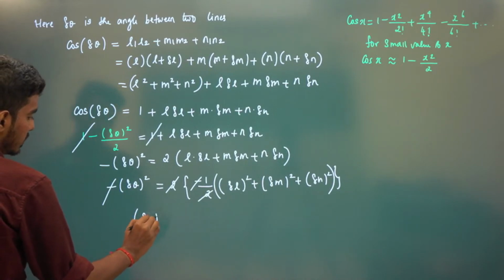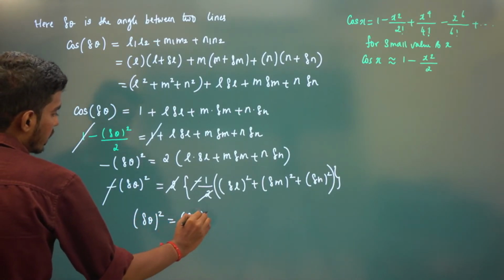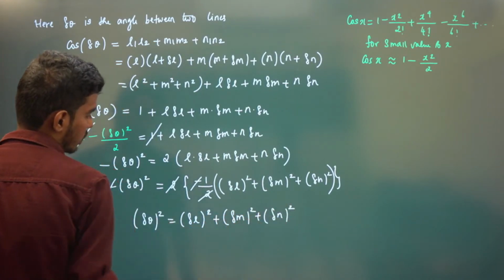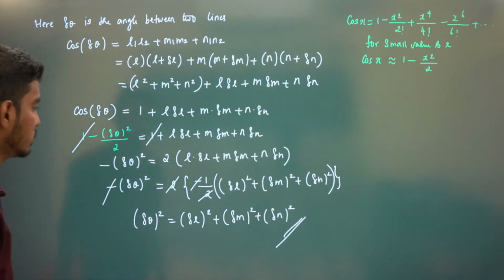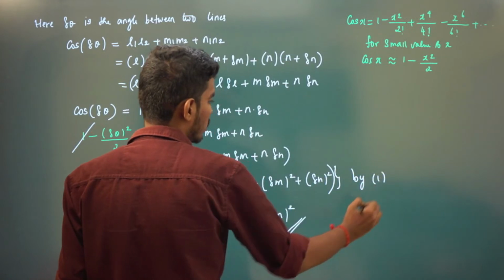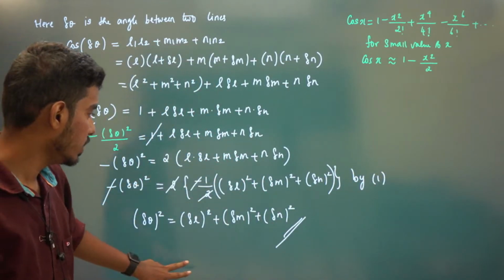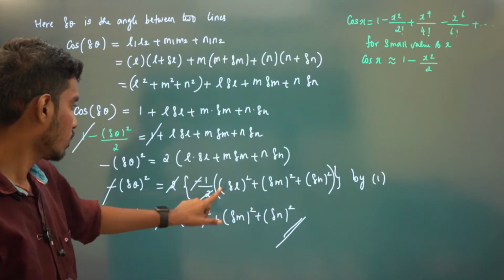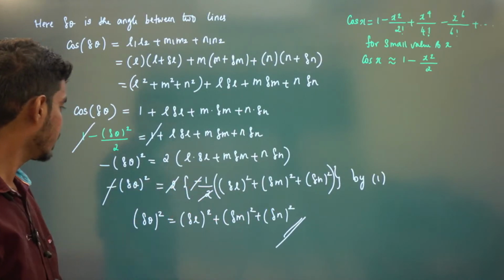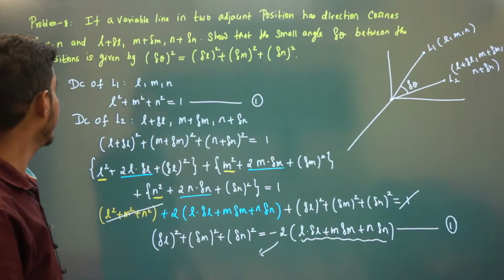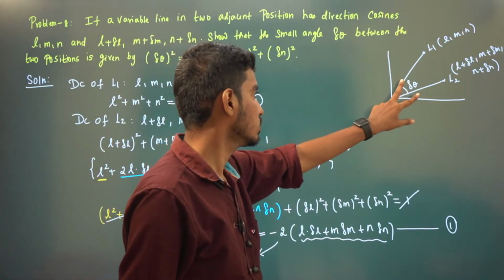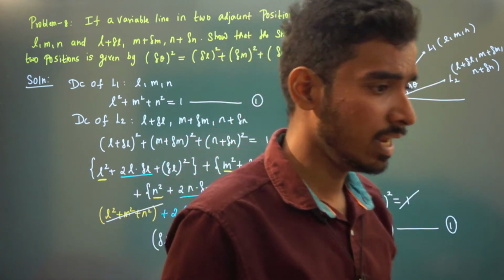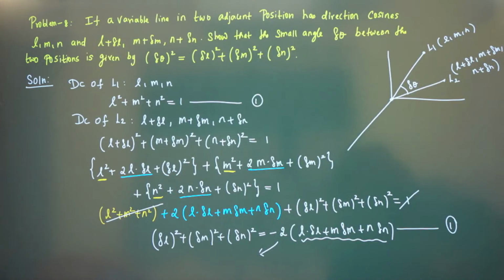So we have del theta whole square is equal to del L whole square plus del M whole square plus del N whole square. This is what we needed to prove. By 1, L del L plus M del M plus N del N is minus of this term. So this is how to prove this, right? If del theta is very small, then this is the relation between del theta and del L, del M, del N.